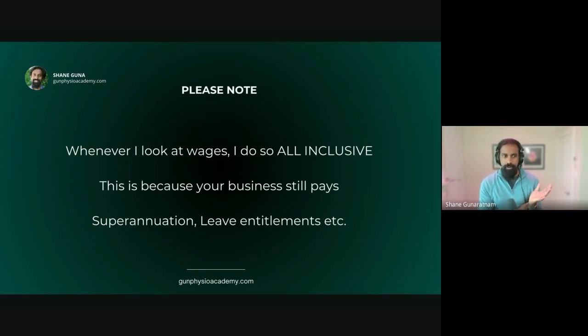In corporate environments, for example, you'll find people quote their wages or their requests as, I want 150K inclusive of super. So it's quite normal for people to think that way, but it's a bit absurd in the health space. But as business owners, I think we need to start thinking and talking this way so that people understand what is being paid to them. That's a real critical point.